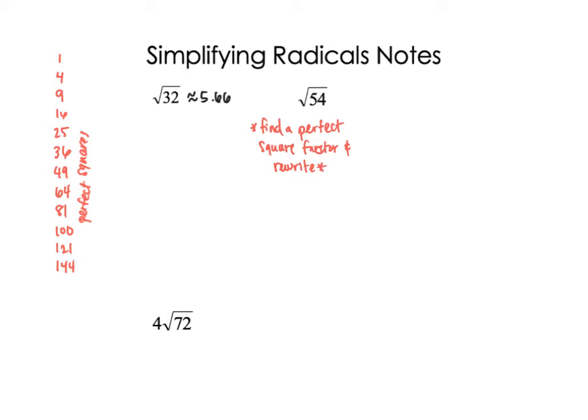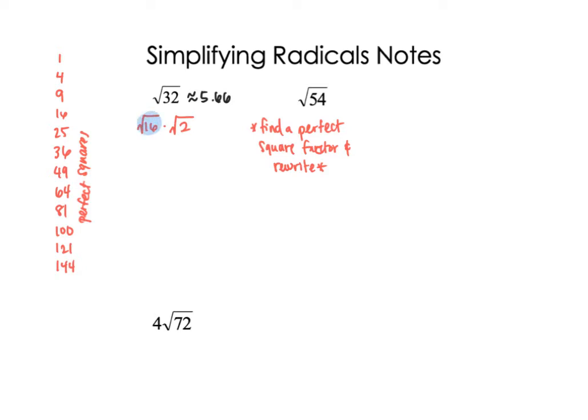So for instance, one of these numbers goes into 32, and 16 goes into 32. So I could rewrite square root of 32 as the square root of 16 times the square root of 2, since 16 times 2 is 32. Then one of these is always going to be a perfect square.